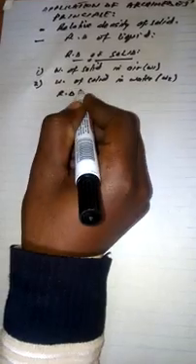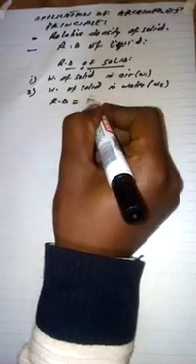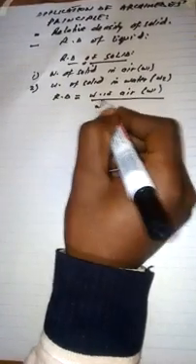Now, after that, relative density is given by the weight of the substance divided by the weight of the displaced water. So we take the weight in air of the substance, which is weight 1, and divide it by the weight of the displaced water.